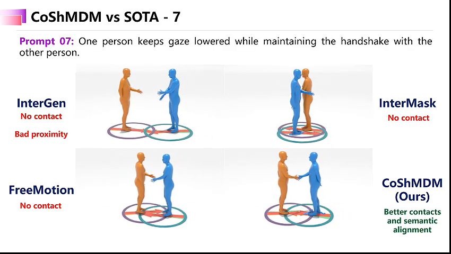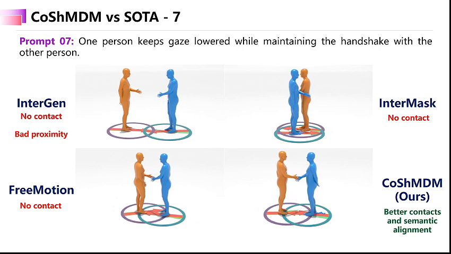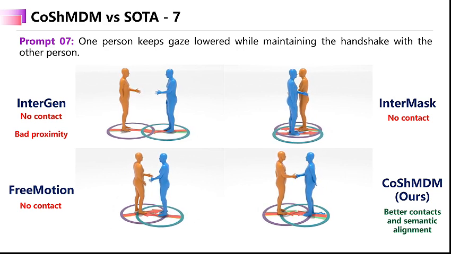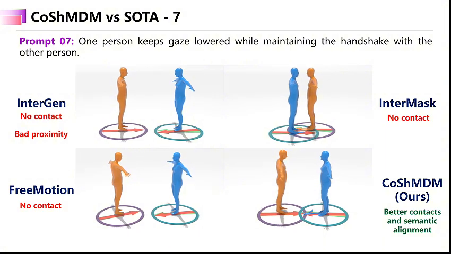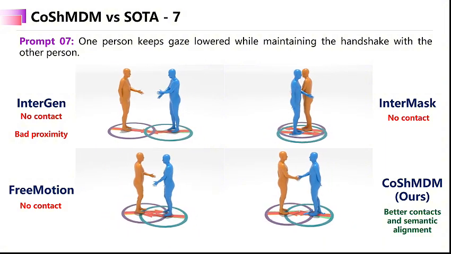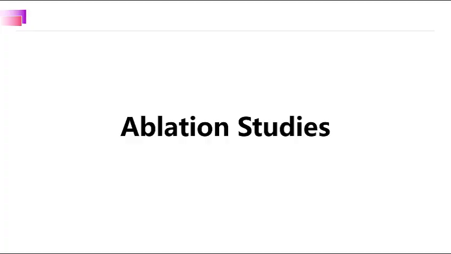This example again demonstrates accurate modeling of contacts with explicit orientation vectors, while the SOTA methods produce similar motion artifacts.